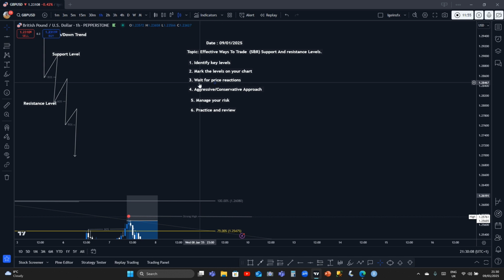Once price is approaching those levels, you monitor it and wait for the reaction. Now, you decide whether to trade based on whether the price bounces off the level or breaks through it.